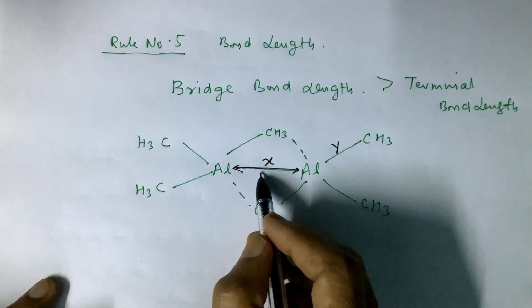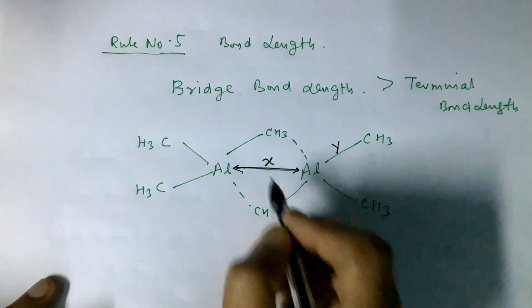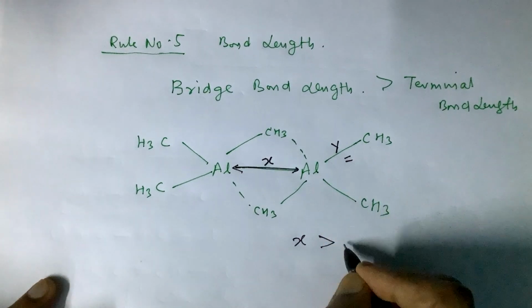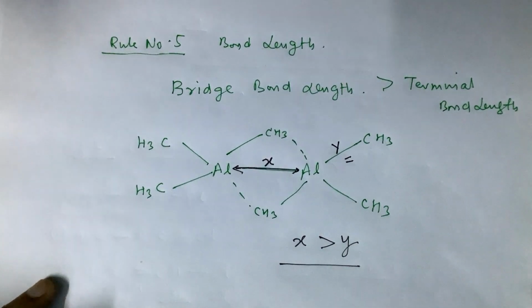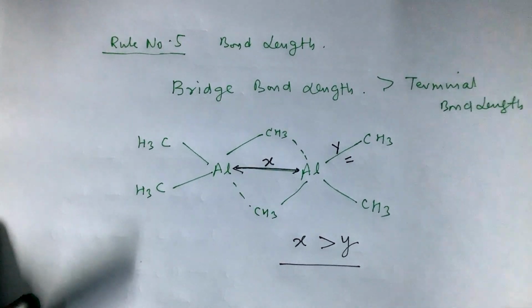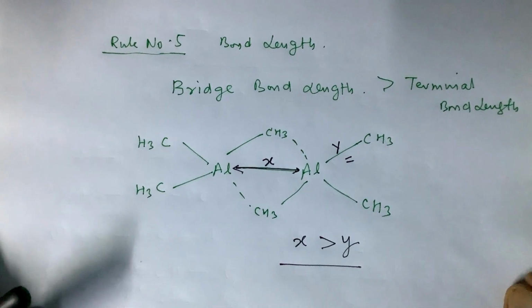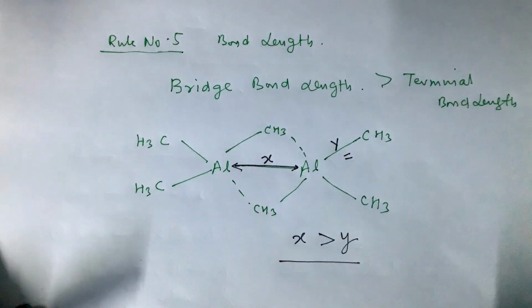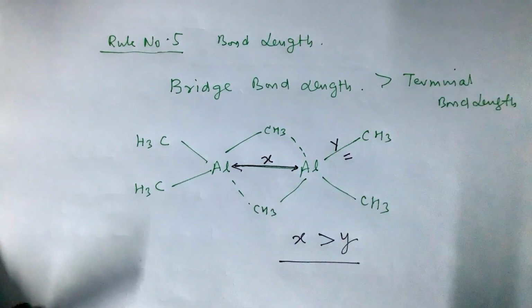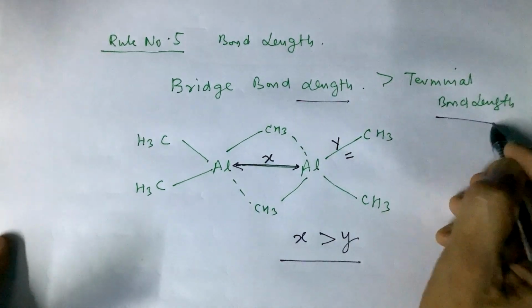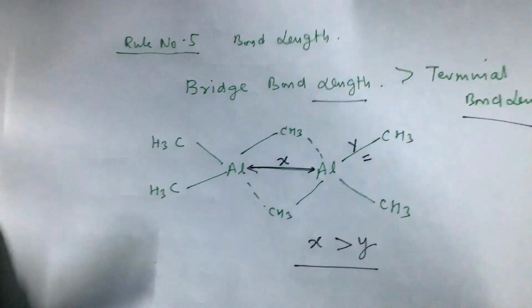This bridge bond length X is greater than terminal bond length Y. So this is rule number 5. In many exams the question is asked this way: compare these two bond lengths. So the rule will be the bridge bond length is greater than terminal bond length.